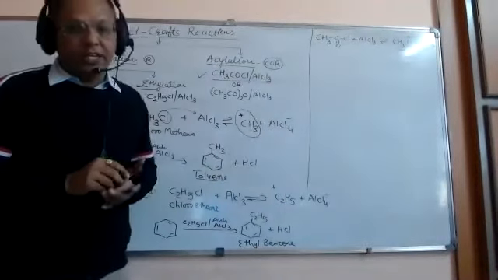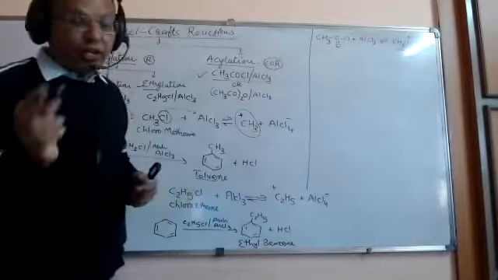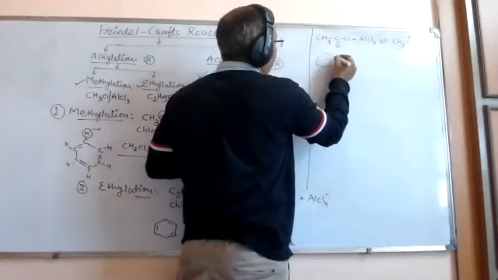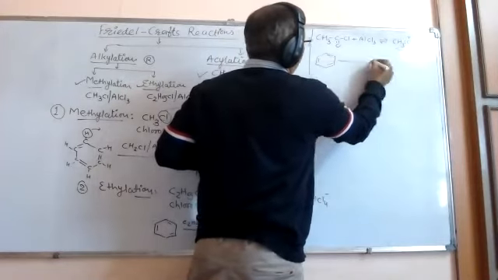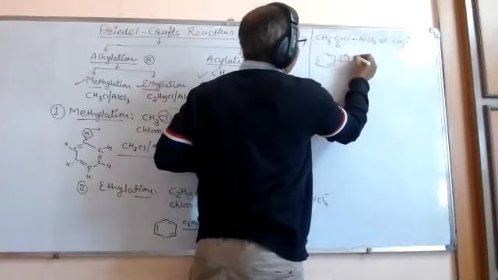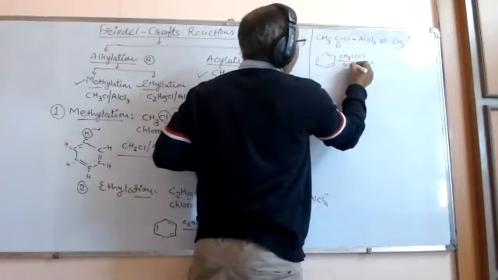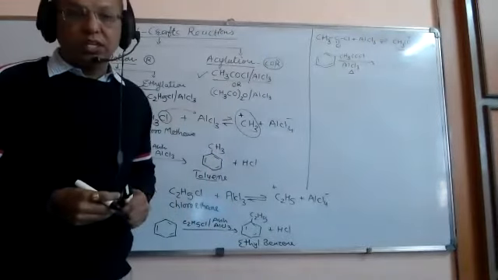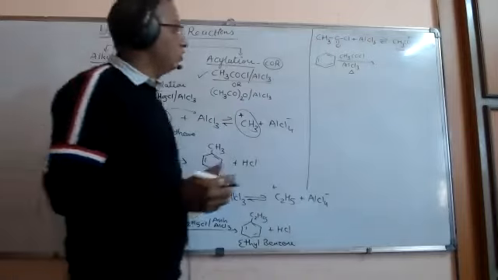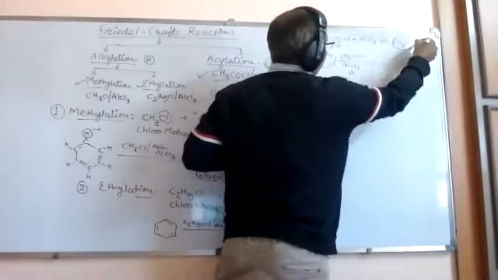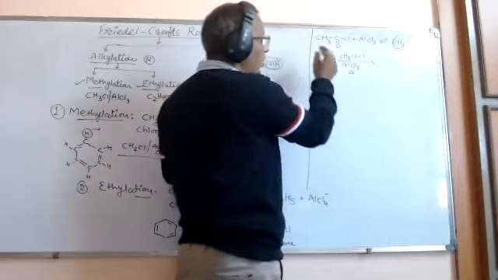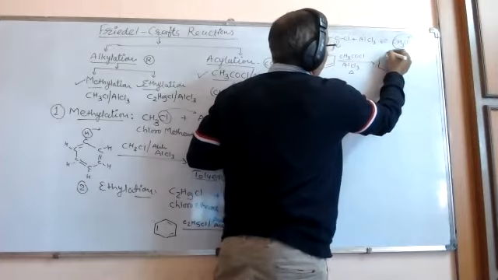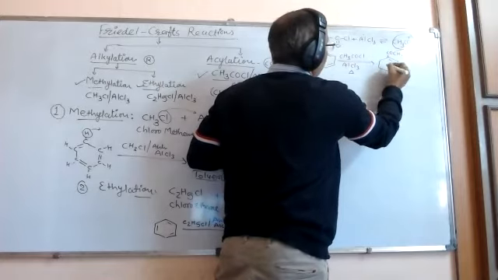This acyl cation will attack on benzene. So this is benzene, and this is CH3COCl, AlCl3. Here a little heating is required because COCl is a heavy functional group. So this part will attack on benzene to move the Cl out, and we will obtain the product COCH3 on benzene.